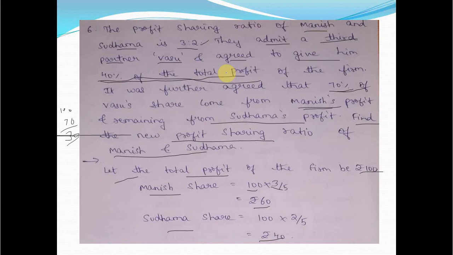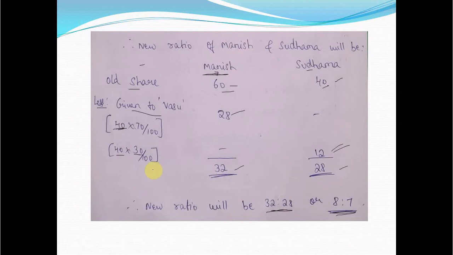First of all, we don't know the actual profit, so we assumed the total profit of the firm to be 100 rupees, and based on that we calculated the profit received by Manish and Sudama as per the old ratio. Then for the new ratio we make 3 columns: particulars, Manish and Sudama.